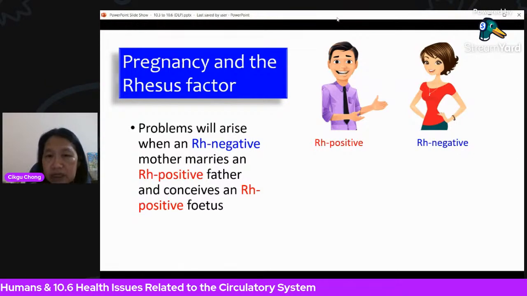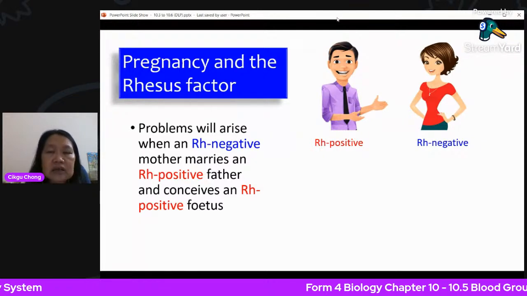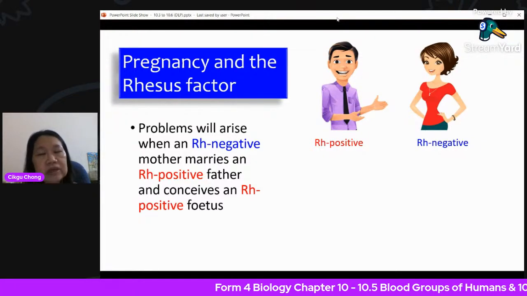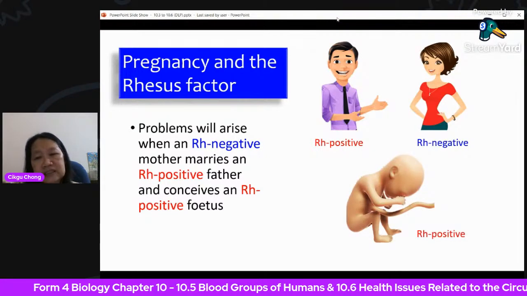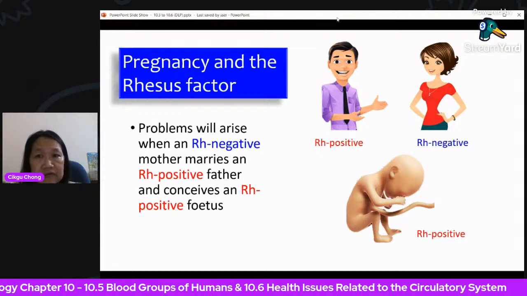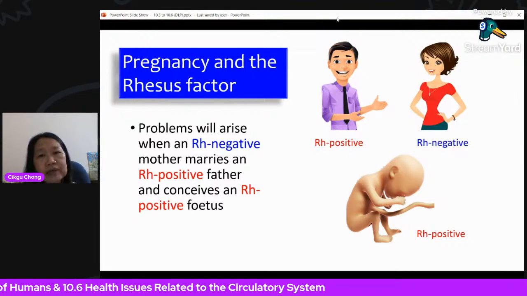So it can appear in the baby, and if the baby receives an Rh positive allele, he or she can be Rhesus positive. Okay, so this baby, let's say, is Rh positive, but the mother is negative. All right, now see what the problem is, and later we see how to overcome it.